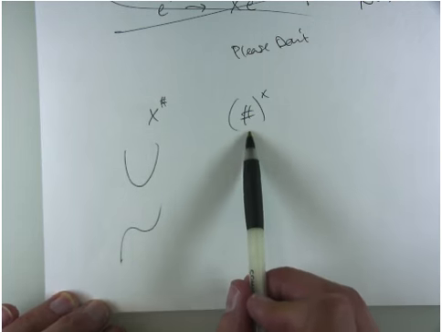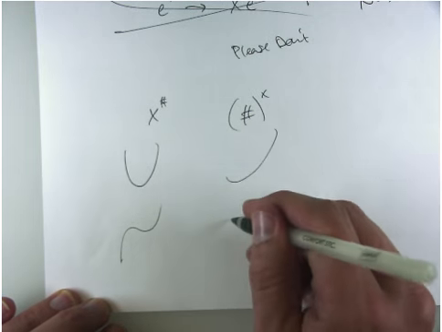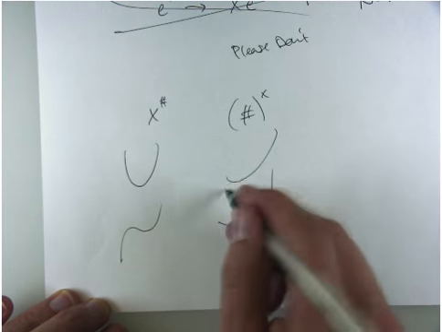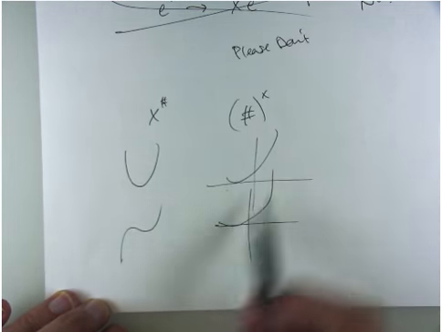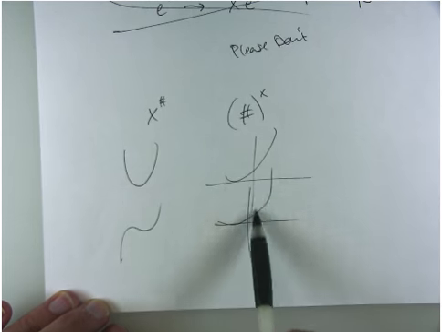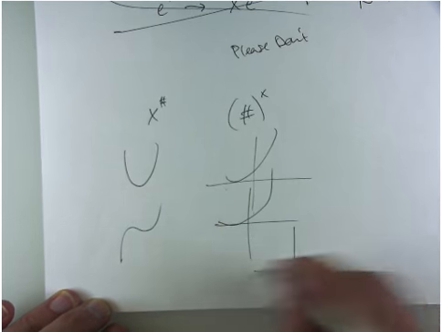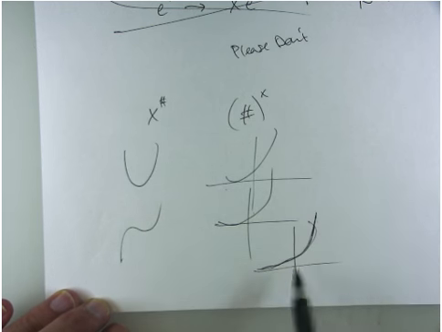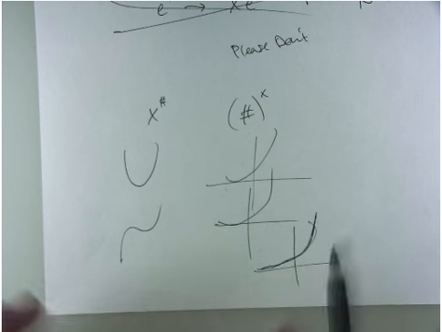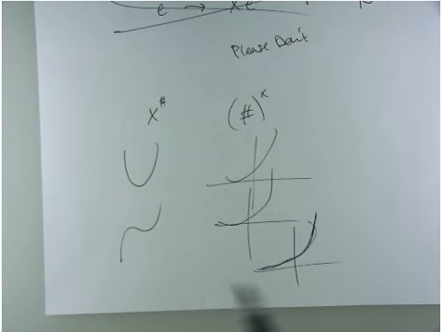All of these curves, 2 to the x, 3 to the x, e to the x, they all look like this. These functions behave differently because different operations are being performed.